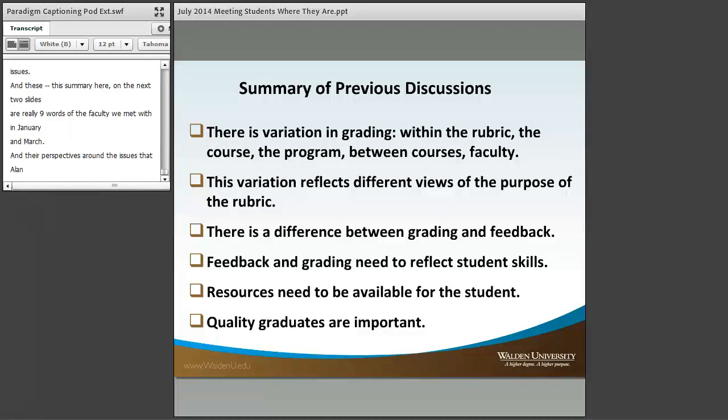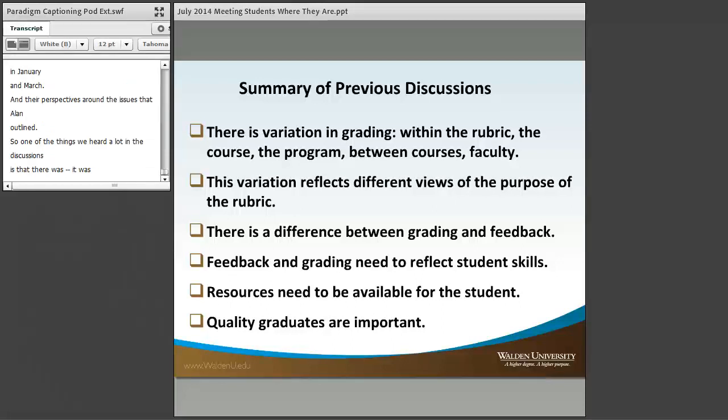One of the things we heard a lot in the discussions was that there was a big variation in grading, within the course, within the program, between courses, between faculty, any way you would cut it. This variation reflected the different views of the purpose of the rubric.